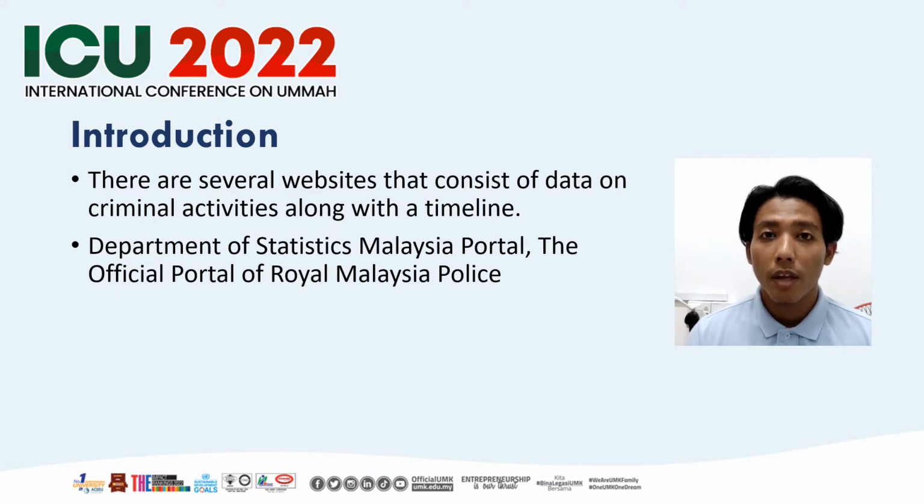For example, the Department of Statistics Malaysia portal has shown the data in each state by using simple data visualization with four major topics, which are crime cases, drug addicts by education level, arrest of corruption offences, and summons for black smoke emission. On the other hand, the official portal of Royal Malaysia Police only manifests criminal activities data with tables and a short summary.